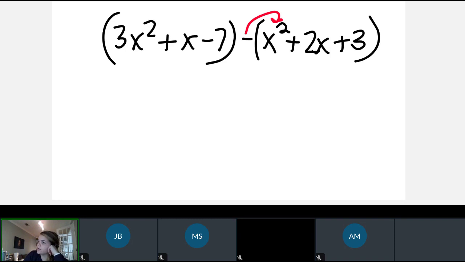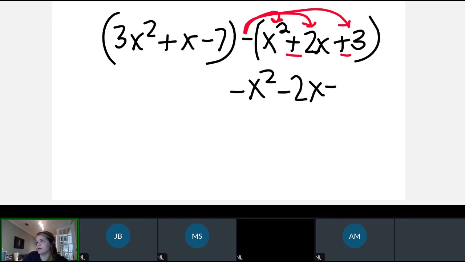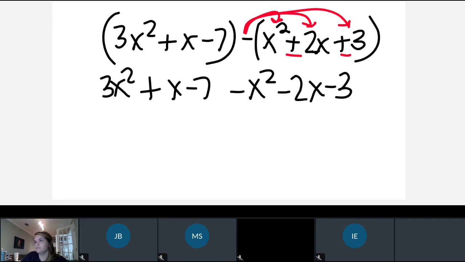So I like to draw arrows and rewrite it so that I'm not confused, because you have to minus each term. But sometimes we forget because we just see the plus signs here and here, but we're subtracting positive numbers, so that's still subtraction. So when I rewrite this, I'm going to get minus x squared minus 2x minus 3. And now I can find my like terms and combine. So 3x squared minus 1x squared, positive x plus 1x minus 2x, and then negative 7 minus 3.